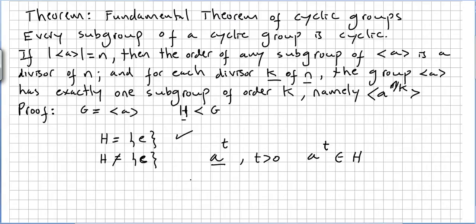Do not forget that the elements in H come in the form of powers of a, since G is cyclic. So every element in H will have this form, a^t.